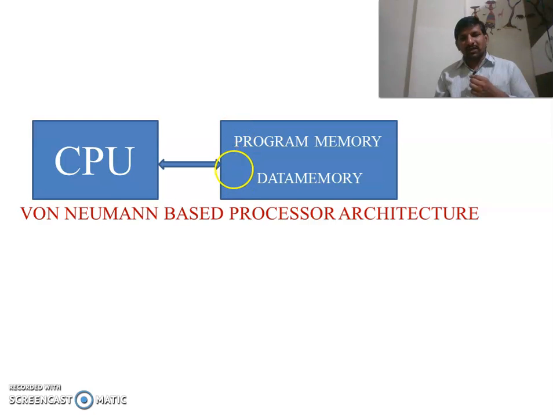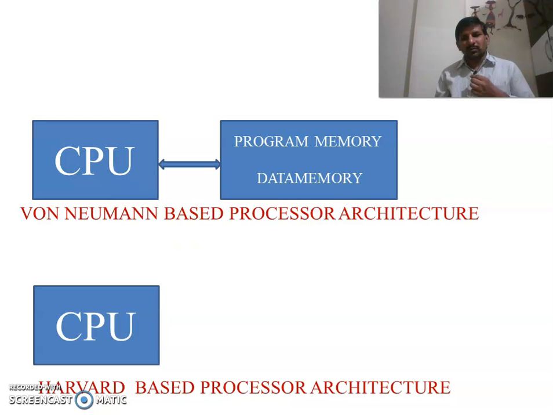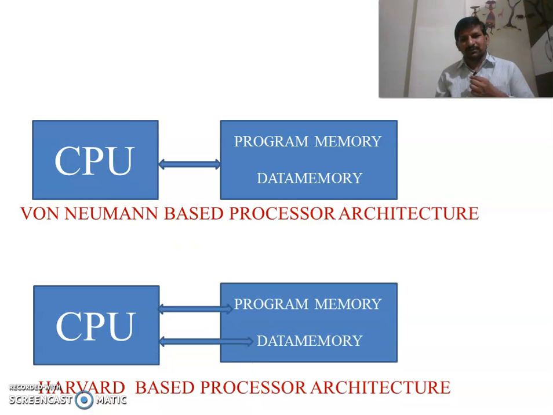So to reduce this number of cycles, they designed the Harvard based processor architecture. In Harvard based processor architecture, the CPU has two buses. The first bus fetches the program memory, the second bus fetches the data memory at a time. It requires only one cycle for fetching program memory and data memory.